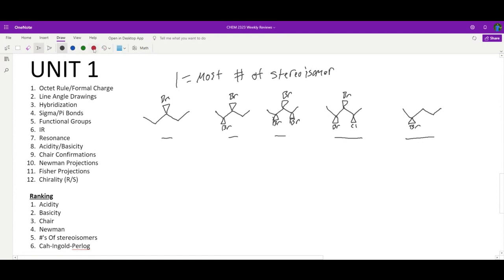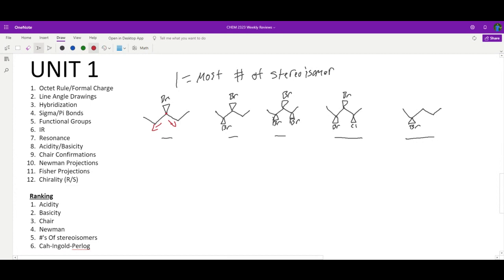Okay, so we're going to look for chiral carbons. Looking at the first one, this is not a chiral carbon because this side and this side are both ethyls.